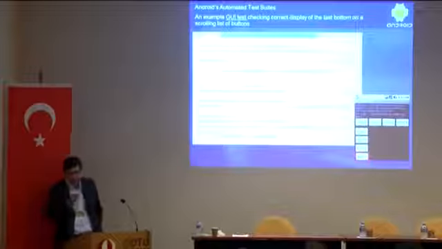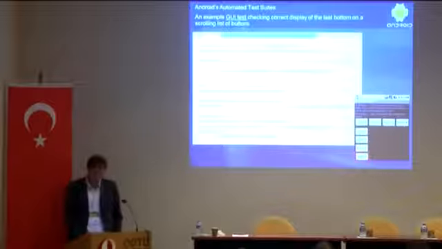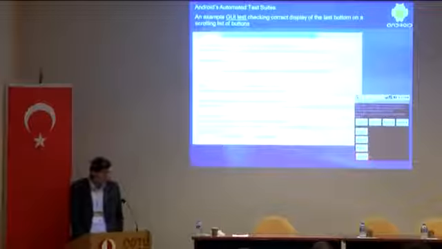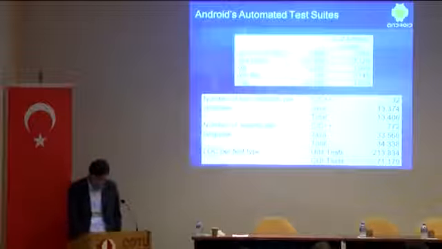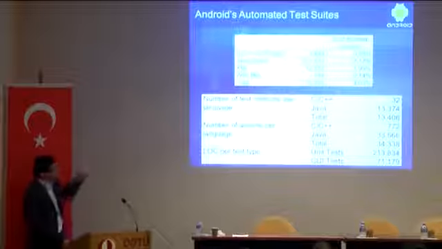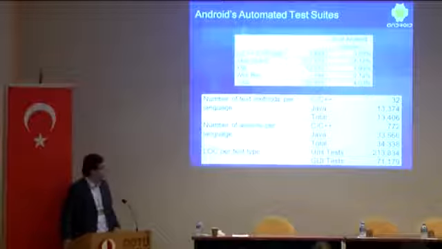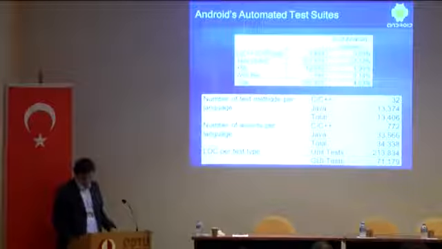So again, these are examples of UI tests that have been written for Android by the team involved behind it. We now looked at the whole test suite that came with version 2.1 and tried to do some measurements. These are the line of code metrics.